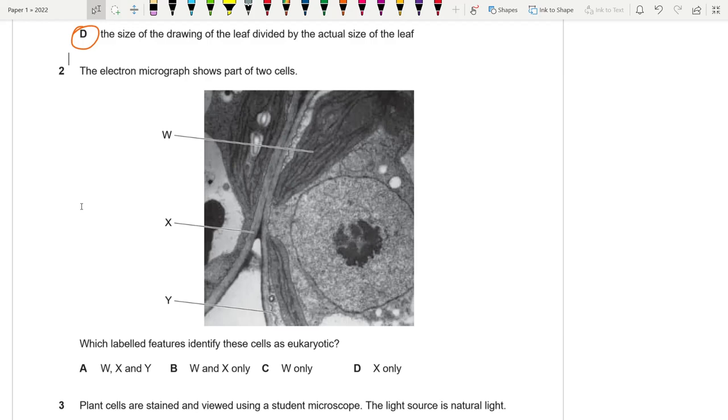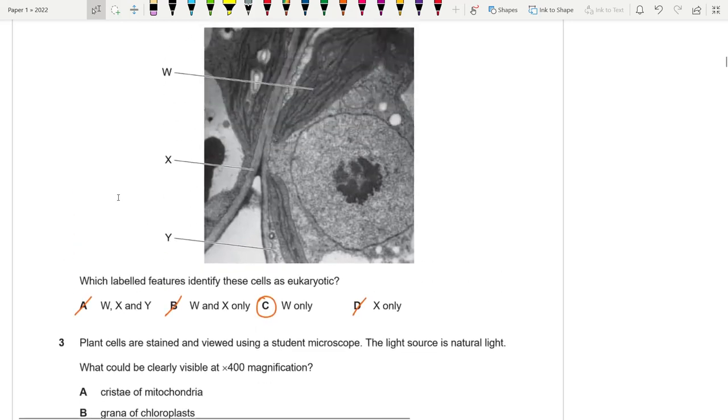Do you understand? So X is not a definitive feature. So X shouldn't be the answer. So we are only left with C, which is W. Also, Y looks like the cell surface membrane, which is also present in prokaryotes. So 2 should be C, right? The chloroplast. It is a eukaryotic characteristic.